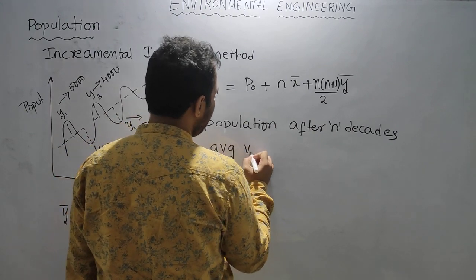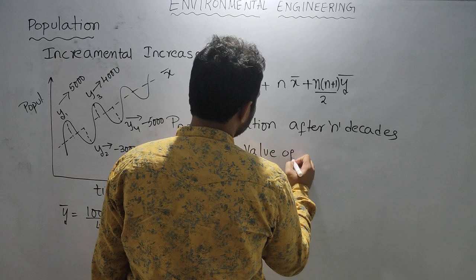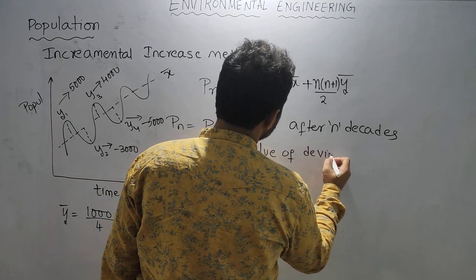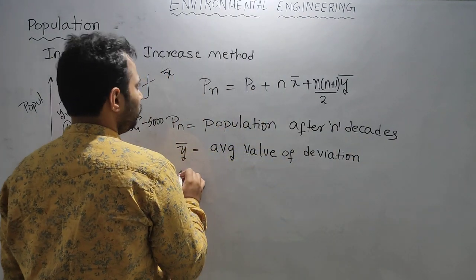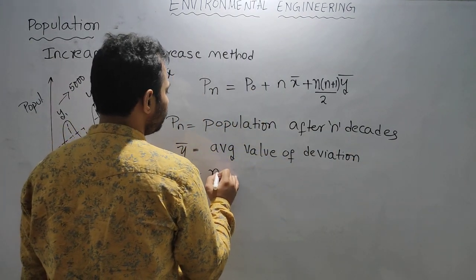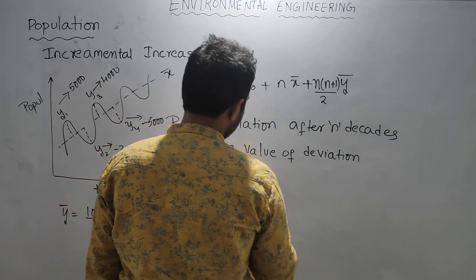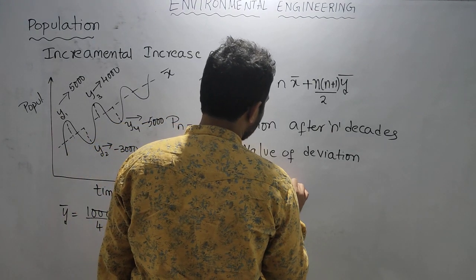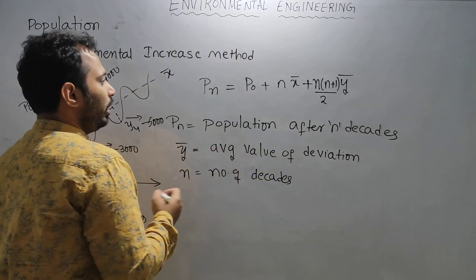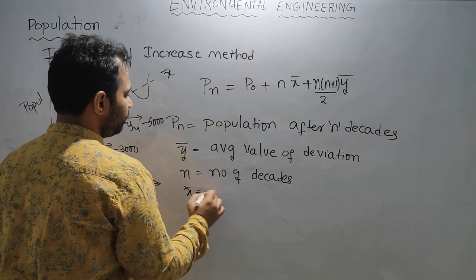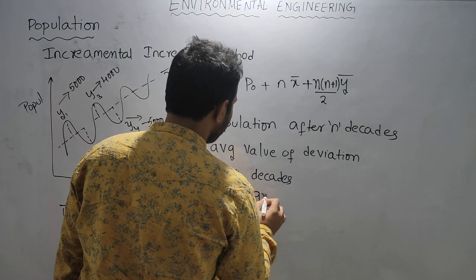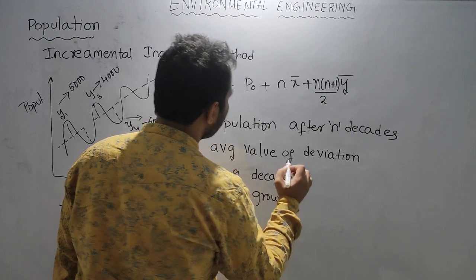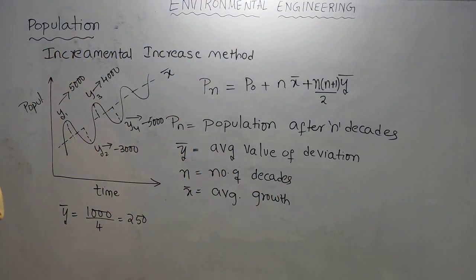Y bar is the average value of deviation, and x bar is average growth. So this is the incremental increase method.